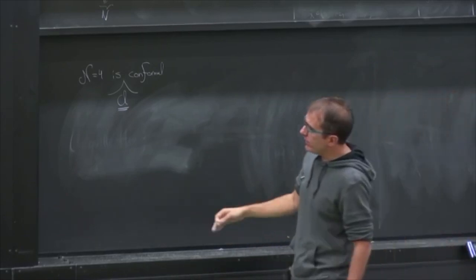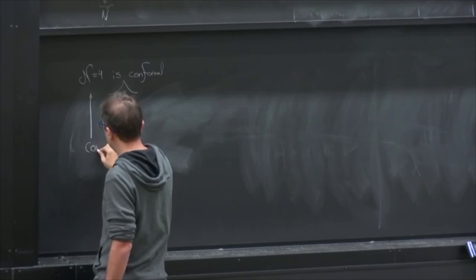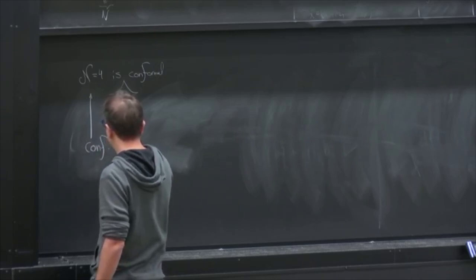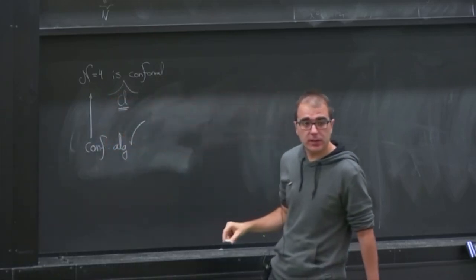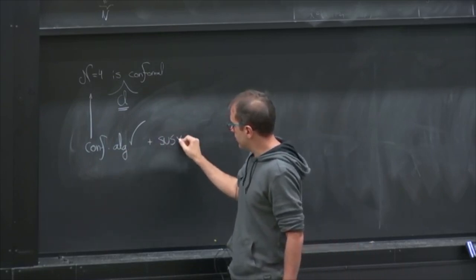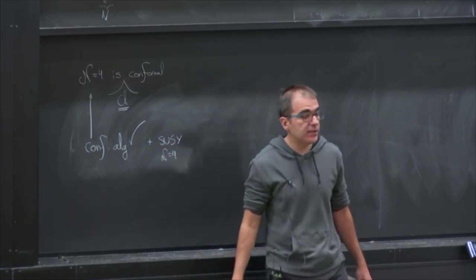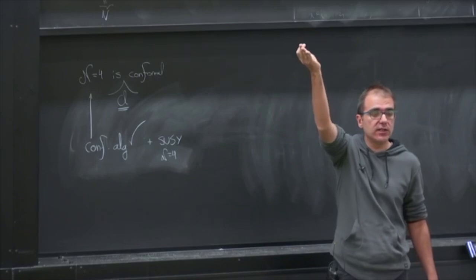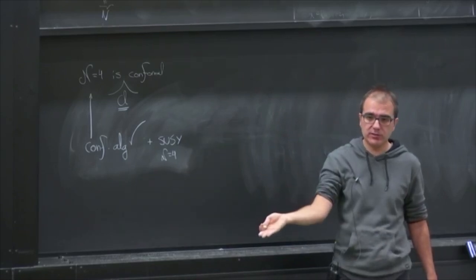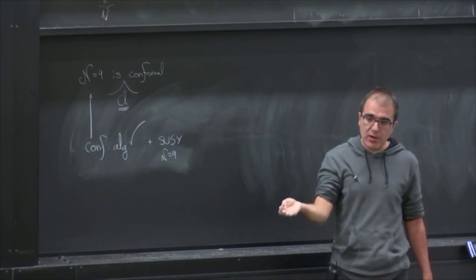And so already at the classical level, we can write here, for this theory, the conformal algebra. Well, that we discussed already. Now, this theory has supersymmetry, and that's N equals 4 supersymmetry, because there's a lot of supersymmetry. This supersymmetry is what would reduce from this N equals 1 when I reduce to 4 dimensions, right? And now I have transformations of supersymmetry. But now I have two types of transformations.